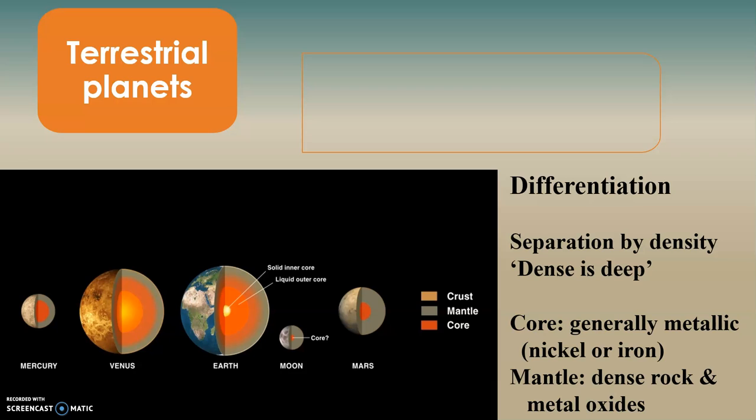And our mantle is between the core and the crust, and the mantle is generally dense rock and metal oxides. We note those oxides from volcanic eruptions from that mantle in our very active planet on Earth. Not all planets in this terrestrial group are as active as the Earth.